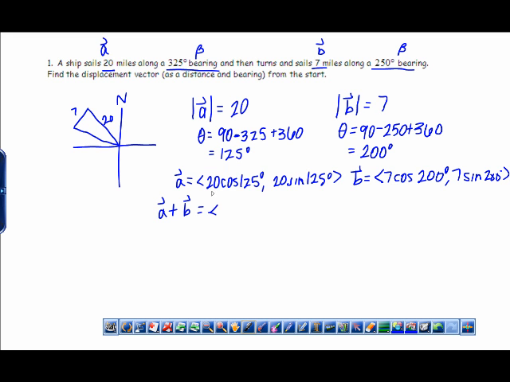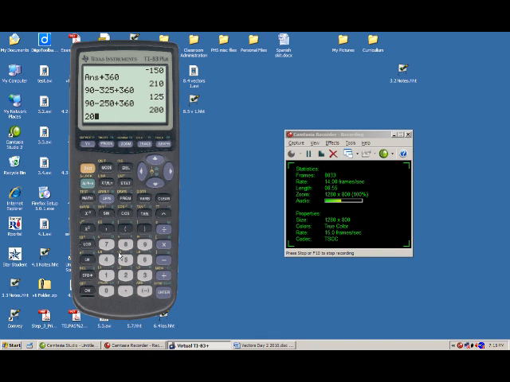Okay, now I need to add these two components together. So 20 cosine 125, I have to do all this in the calculator, make sure you're in degrees mode, and then add that to 7 cosine 200 degrees. Okay, and I'm actually going to store this in for A, because I might have to use that again.